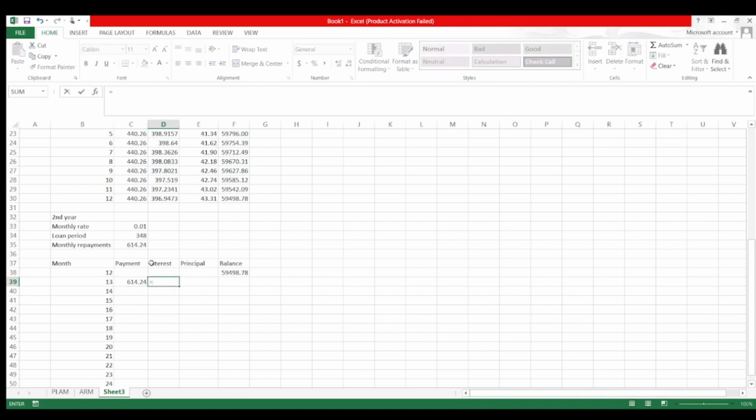The interest will be that multiplied by balance. So let's lock that cell so that we can easily drag down the interest amount.